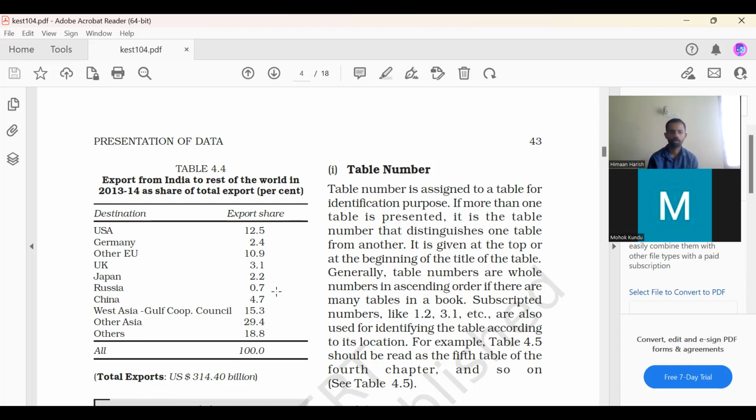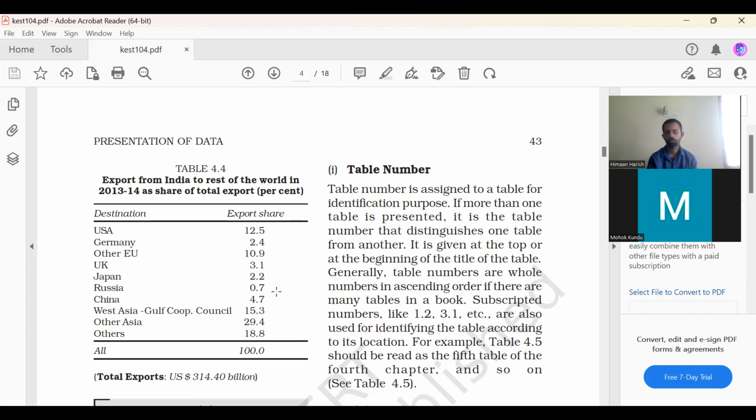Others also have a high export share with 18.8 percent, and even the West Asian countries such as the Gulf countries, Saudi Arabia, Syria, Iran, and Iraq, have a total of 15.3%. European Union countries other than Germany, UK, and Russia have 10.9 percent.